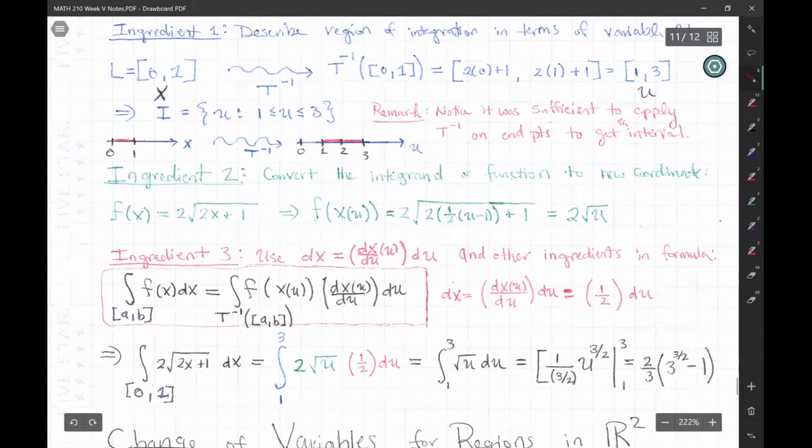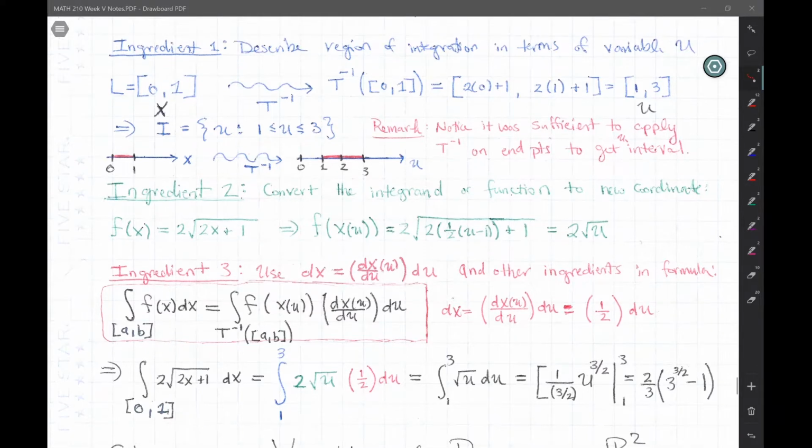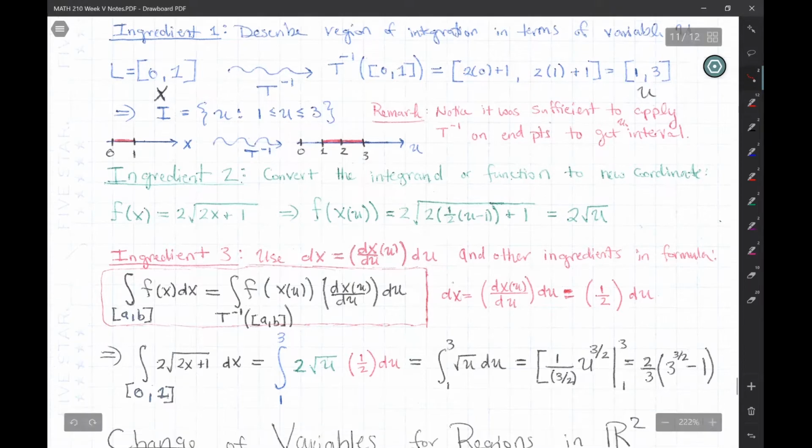But we've just shown that we can formally do this as a change of coordinates. So u substitution in its essence is a change in coordinates. And here I use change of coordinates or change of variables interchangeably. You could use either expression, and we'll use both of them here.